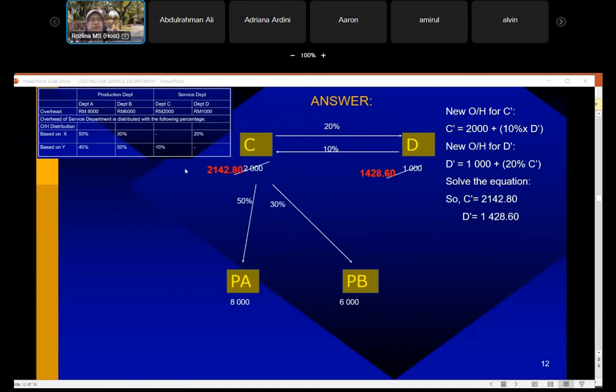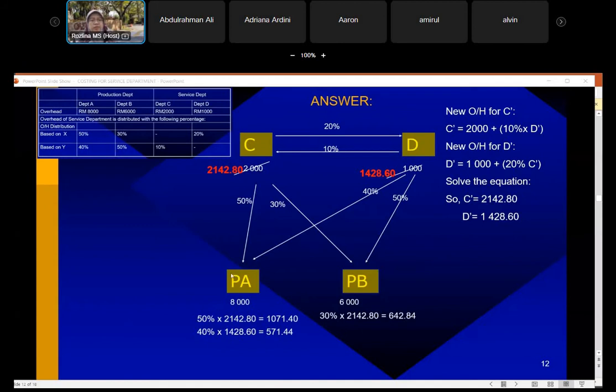50% and 50%, 50 and 50, and then 40 and 50. Then 50% and 2,142 and 40% yang ni 148, and then 30% yang ni to C, and then this one is from D. So the total.